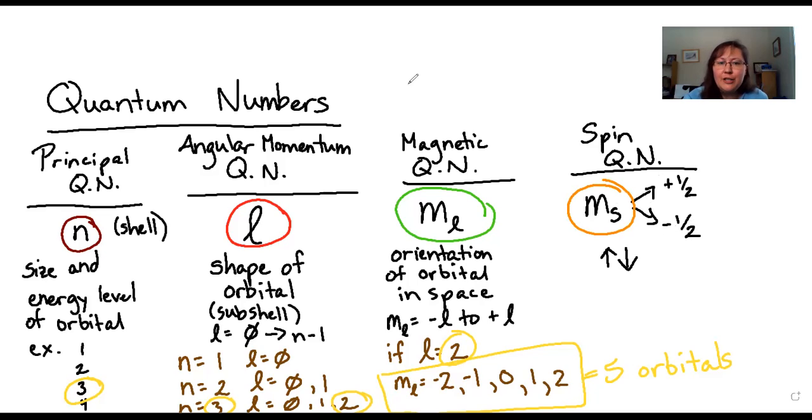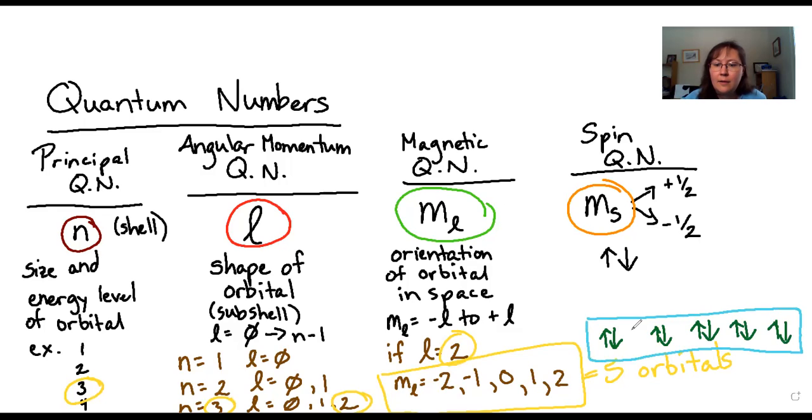Now for each orbital, we can have 2 electrons. So if there are 5 orbitals, m sub l negative 2, m sub l negative 1, and so on, each of these orbitals will have 2 electrons in it. There's our 5 orbitals right here, and we can see that means our 5 orbitals would have 10 electrons.